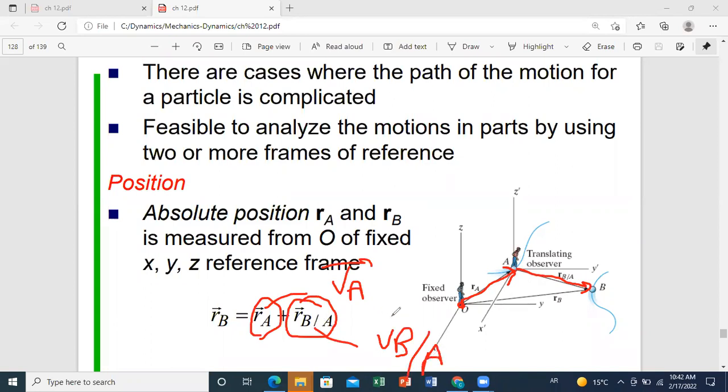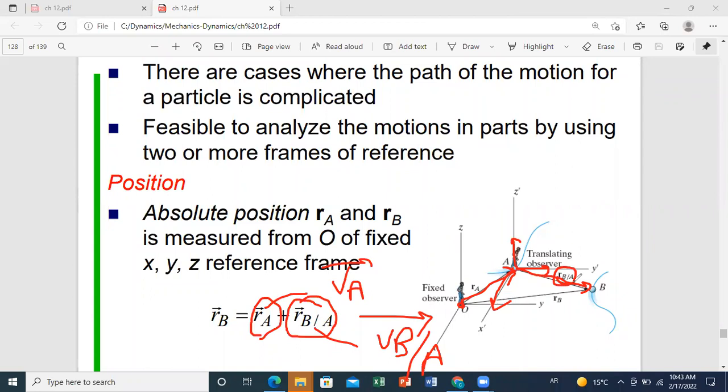Now, why did I tell you that the frame should be translating? Because if you remember, when we did the analysis together, any unit vectors that are changing in direction, when I do derivatives, I should derive these unit vectors as well. However, if the unit vectors are not changing in direction, the derivative will only take into consideration the magnitude of the relative velocity.